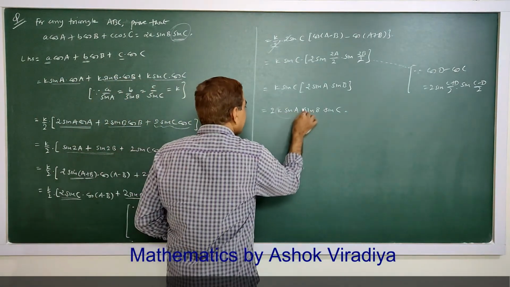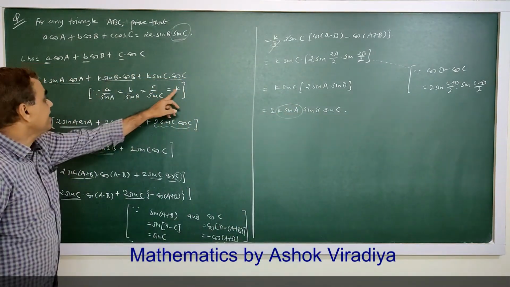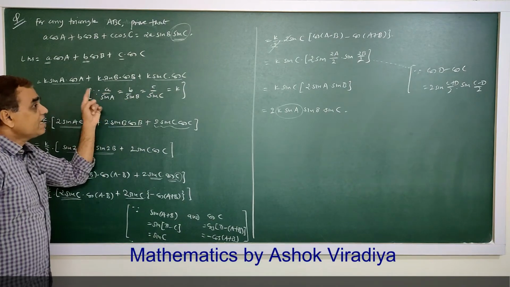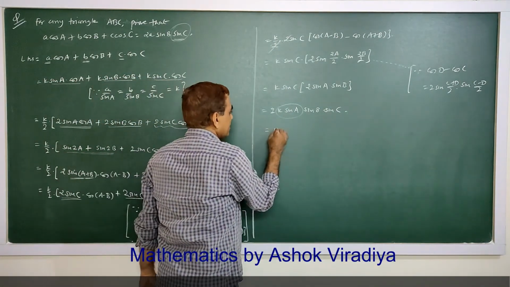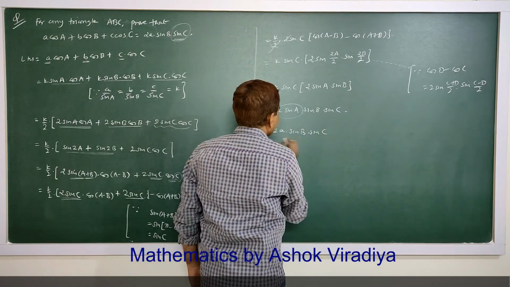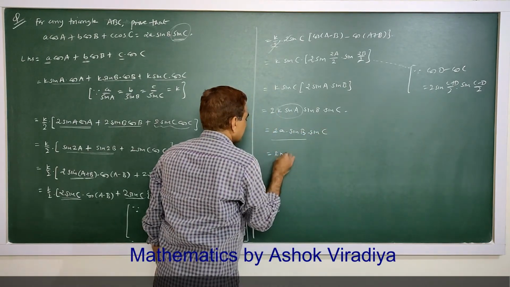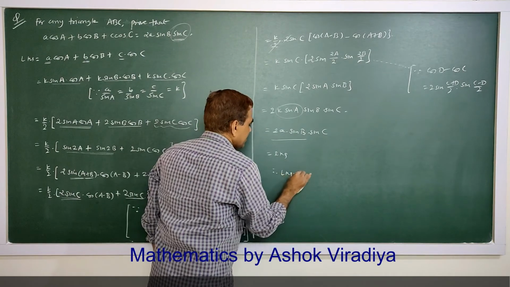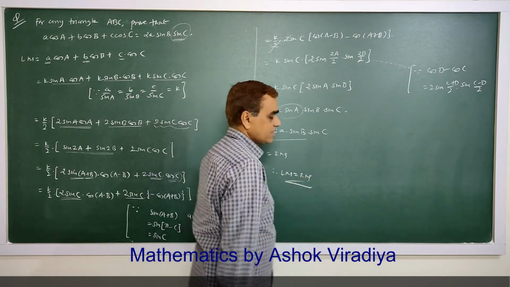Now k sine a is a, so this is a into sine b into sine c, so this is RHS. So LHS is equal to RHS.